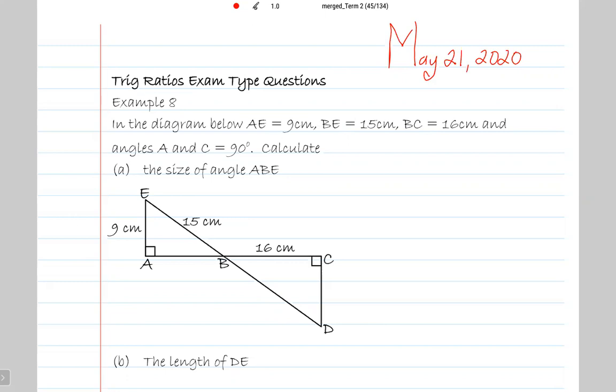All right, so let's have a look at example 8. May 21st, 2020, we're doing trig ratio exam type questions.